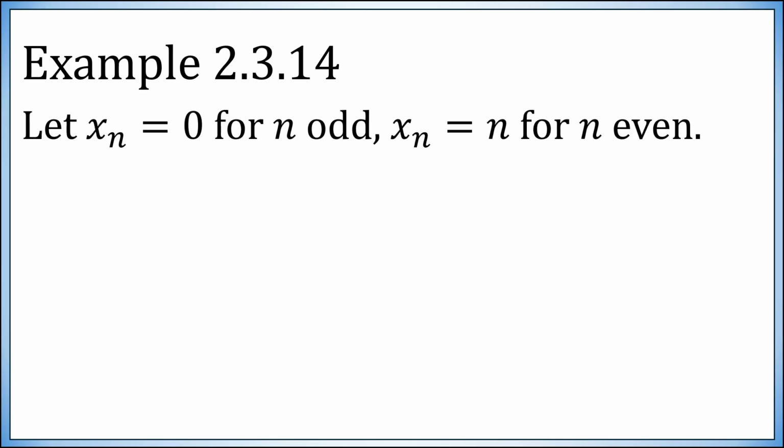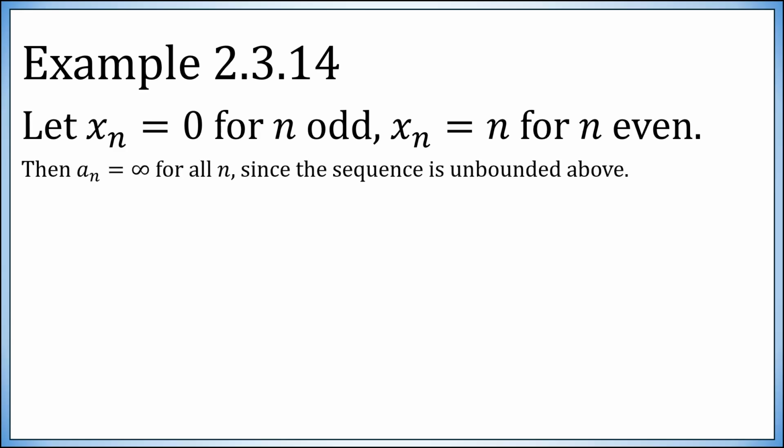Okay, Example 2.3.14. Let x_n be 0 for odd indices or n for even indices. The sups are all plus infinity because this sequence is unbounded above. Every other term of even index is just getting bigger. So we have 0, 2, 0, 4, 0, 6, 0, 8.